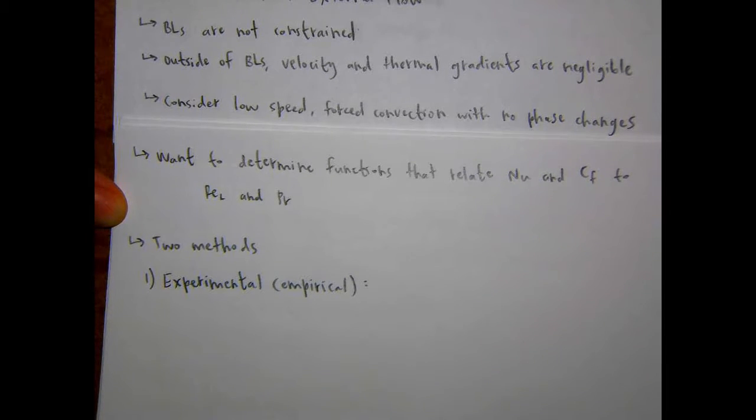You can write an equation to say, okay, so the Nusselt number or the friction coefficient is equal to this empirically determined coefficient or power of the Reynolds number and the Prandtl number.